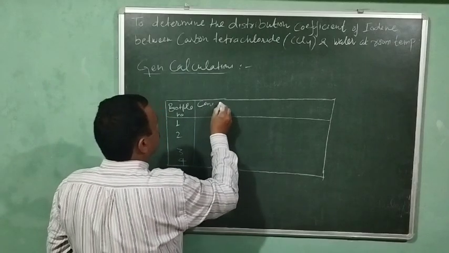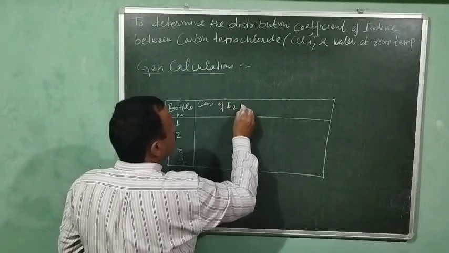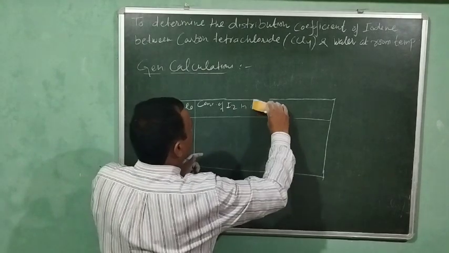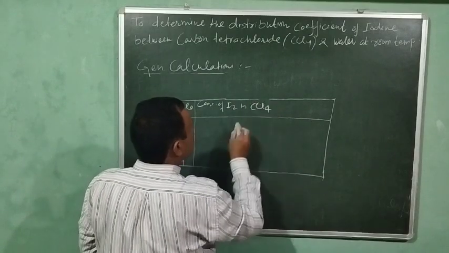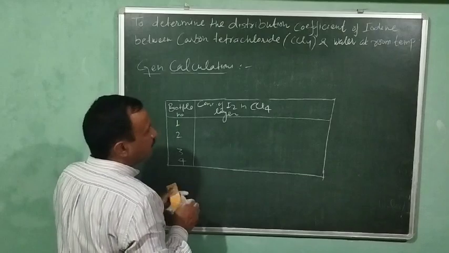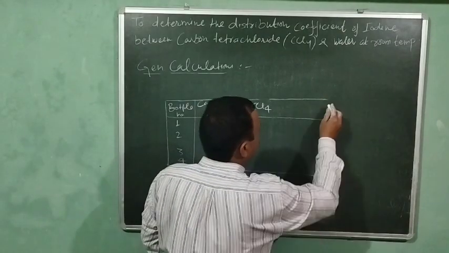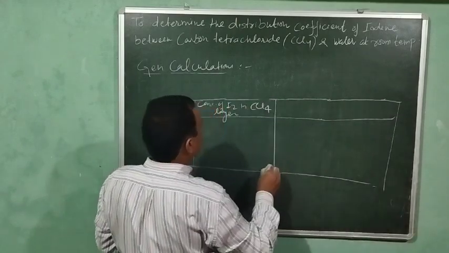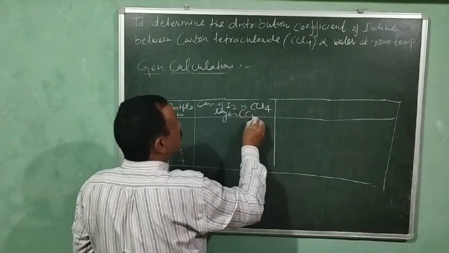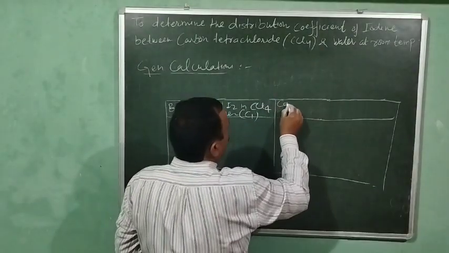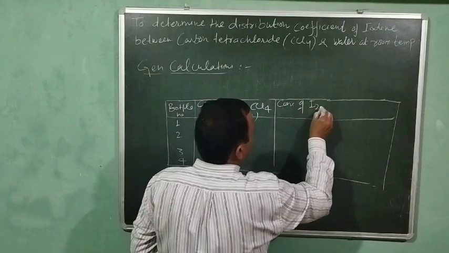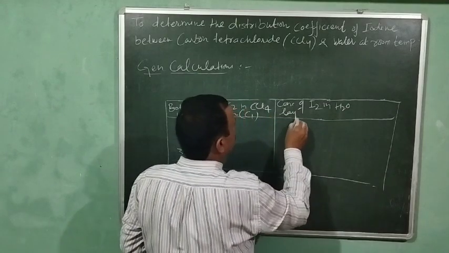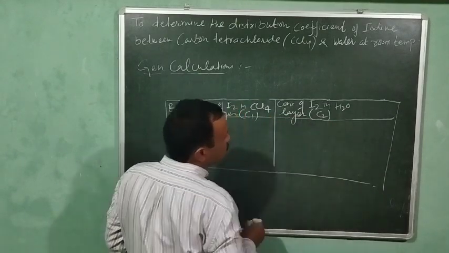Then the concentration of iodine in the CCl4 layer, and it is C1. Then the concentration of iodine in the water layer, and it will be your C2.